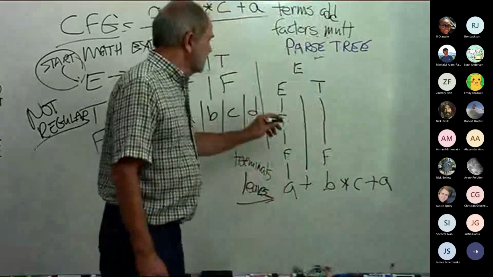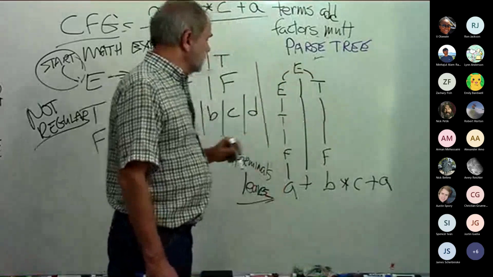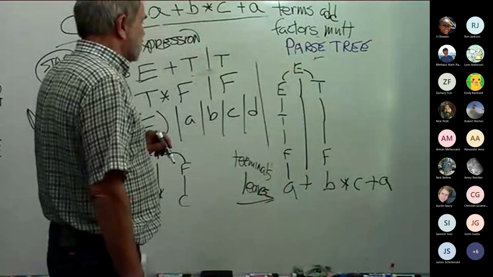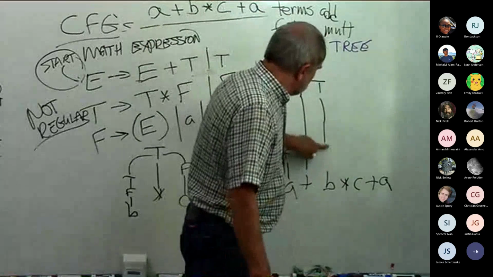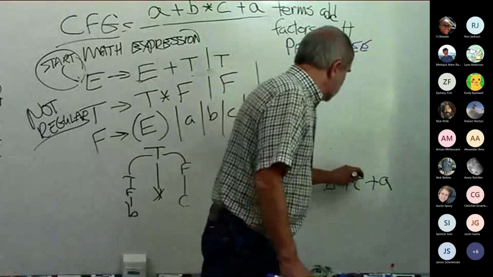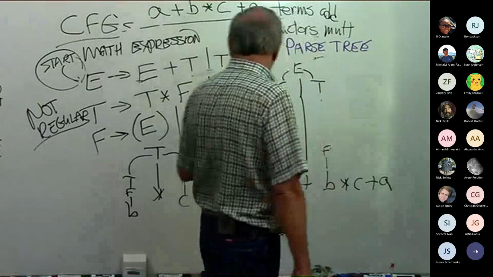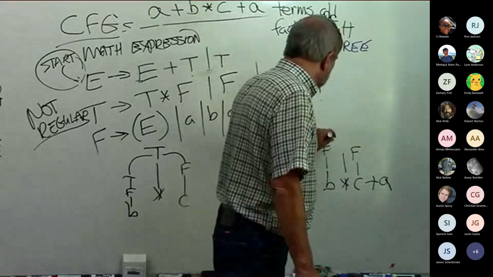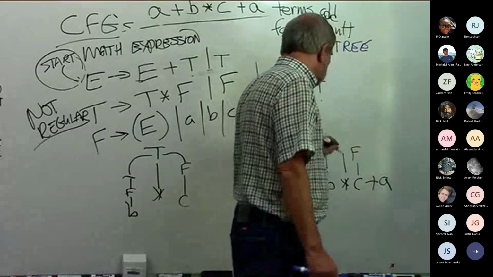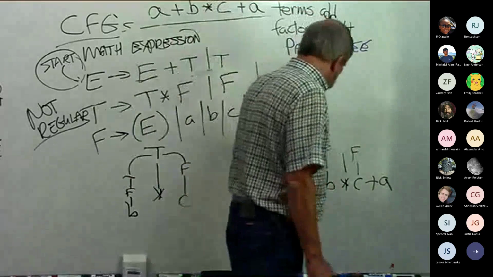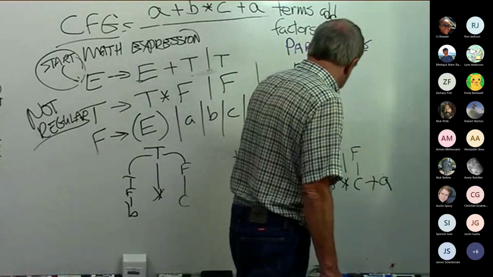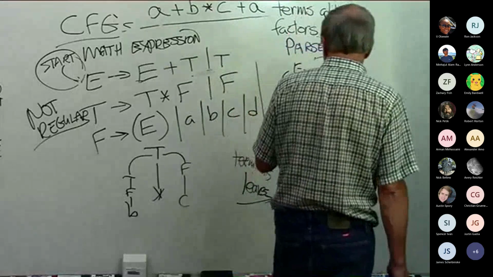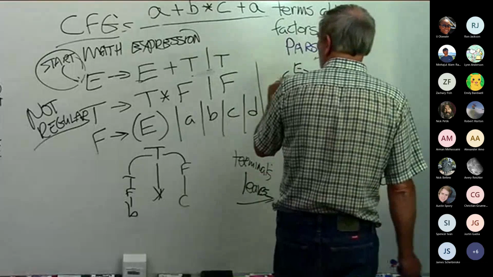Okay, so E led to the E plus T. And actually, to get here, this thing is the term, so we needed an F times an F. Stay with me.